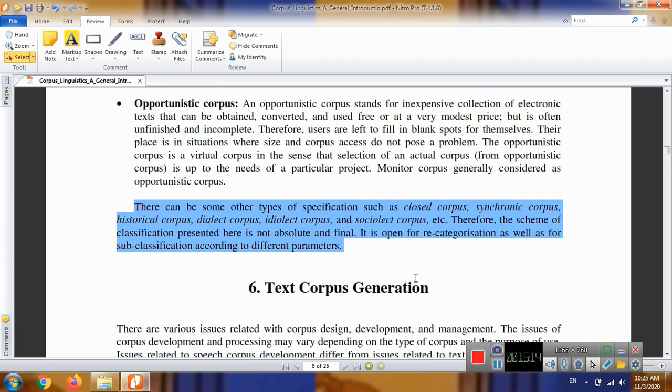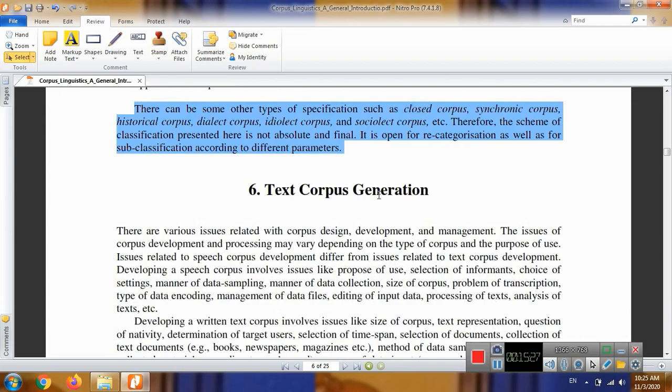Therefore, the scheme of classification presented here is not absolute and final. It is open for recategorizations as well as for sub-classification according to different parameters.